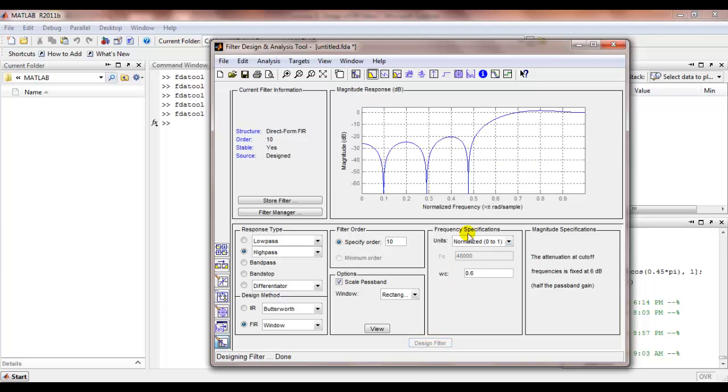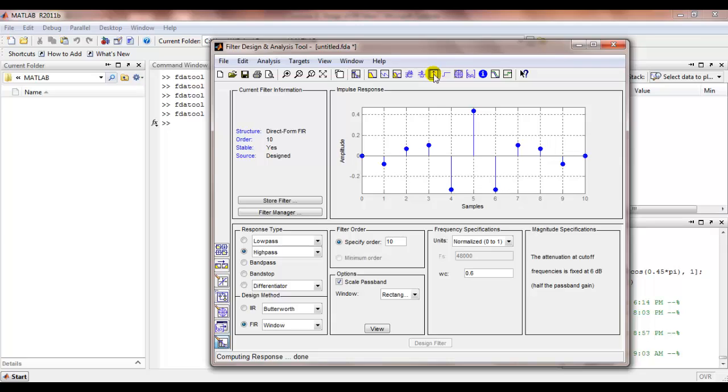If I design the filter, it looks like a high pass filter. And if I look at the impulse response, it is symmetric. So MATLAB is giving you the type 1 filter because you are allowing it to use an odd length. Okay. So this is symmetric around m/2, which is 5.